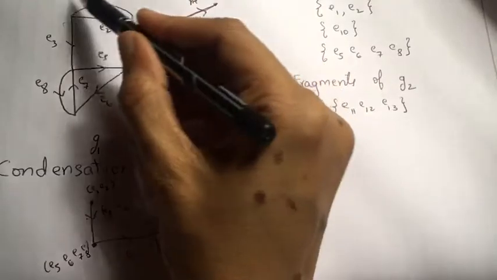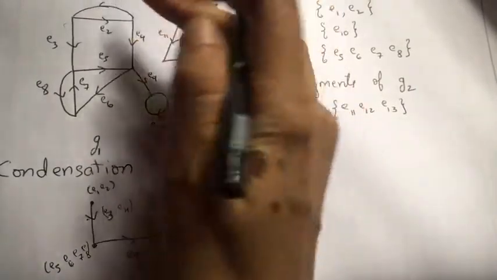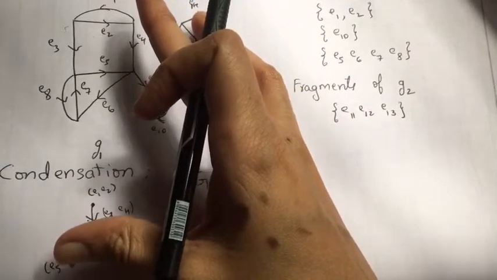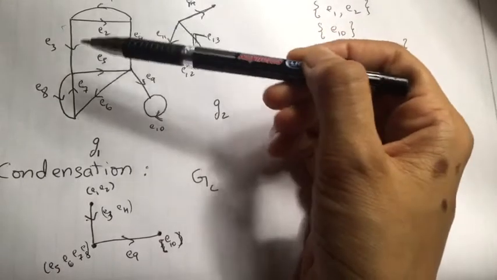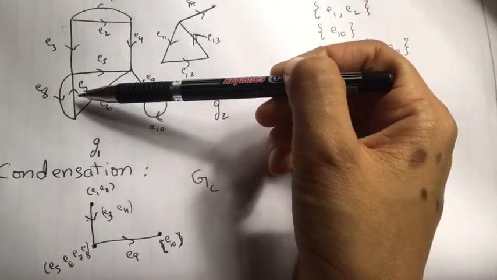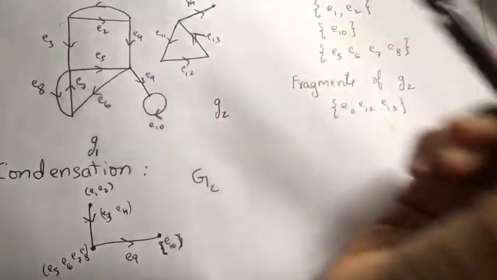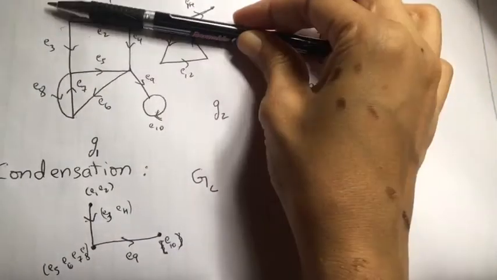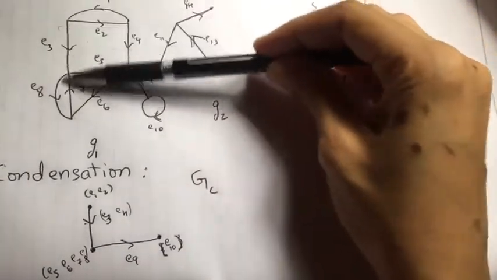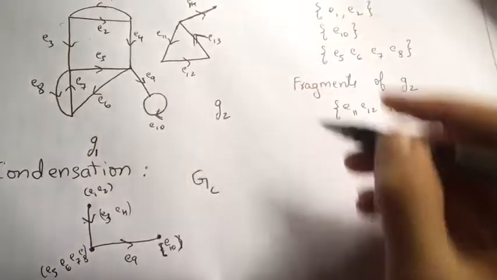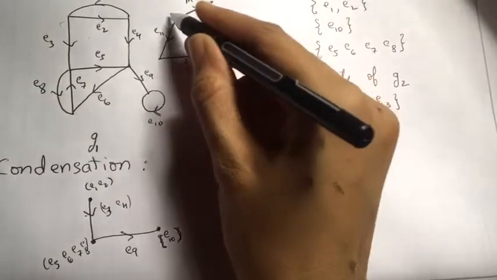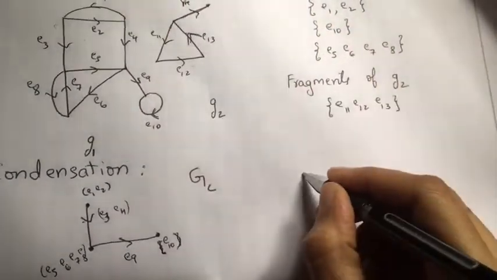So each strongly connected fragment is replaced by a vertex, and all directed edges from one fragment to another fragment are replaced by a single directed edge. See, from this fragment to this fragment, these two directed edges are replaced by a single directed edge. This whole fragment is replaced by a vertex.